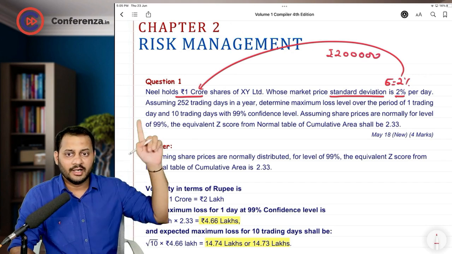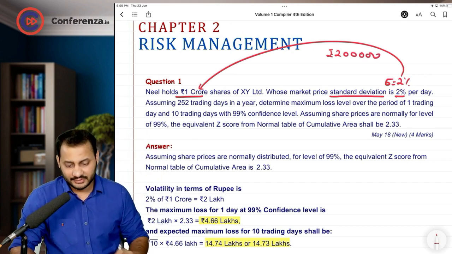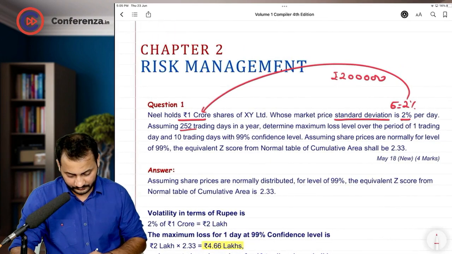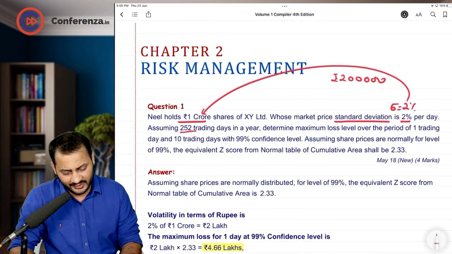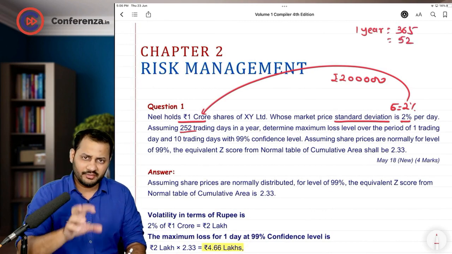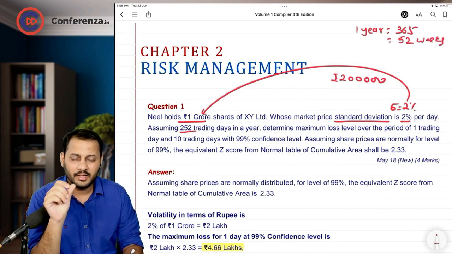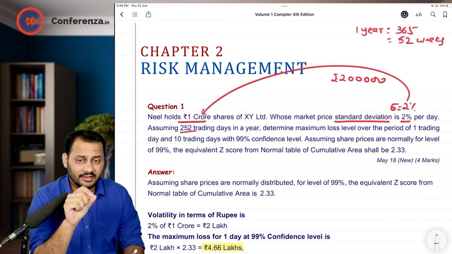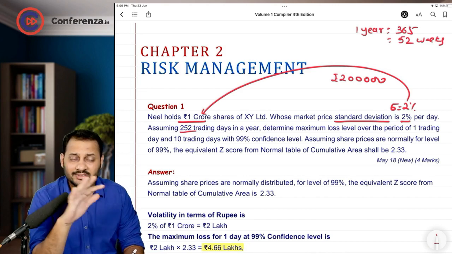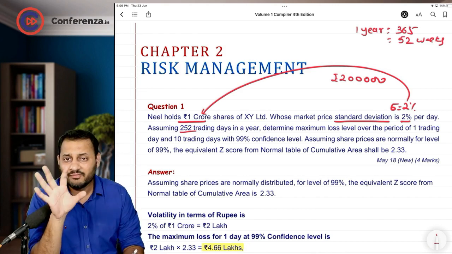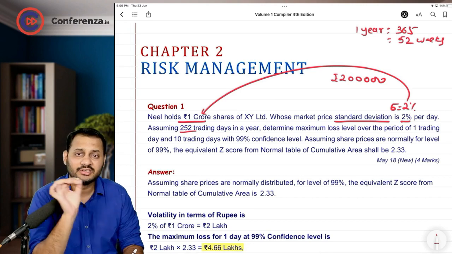Cool. Assuming 252 trading days. Now, just understand. How many days are there in a year? 365. But on an average, there are 52 weeks in a year. And every Saturday and Sunday, the market is closed. So only 5 days a week, trading sessions are open.